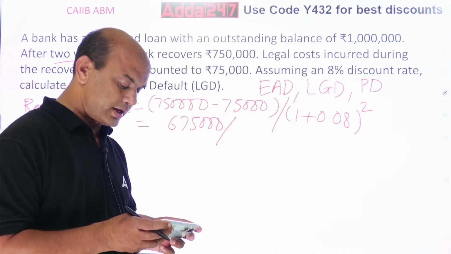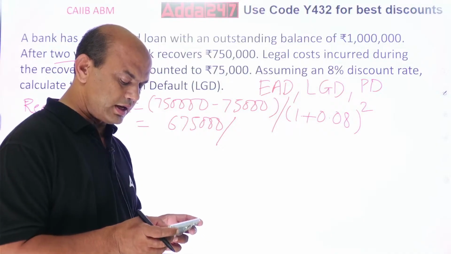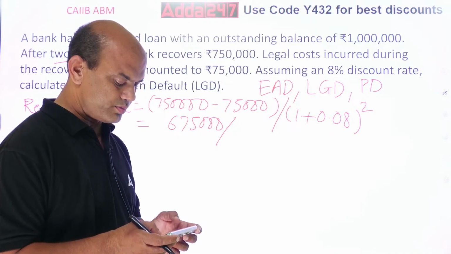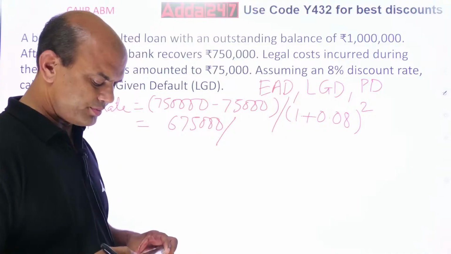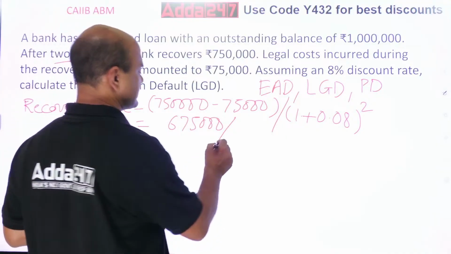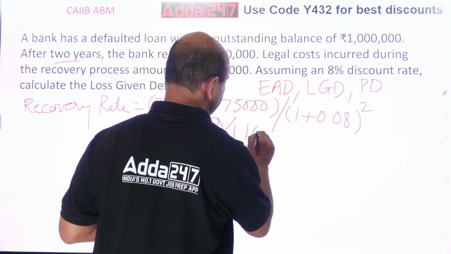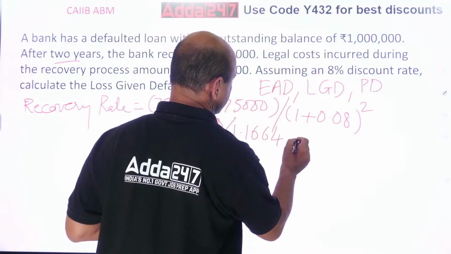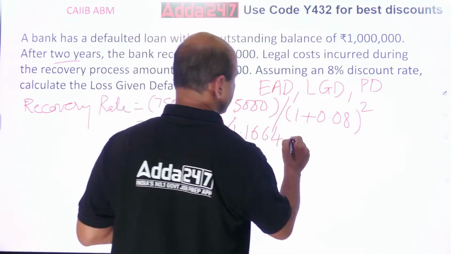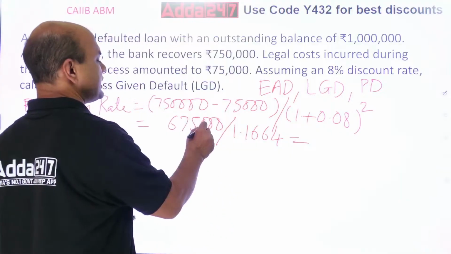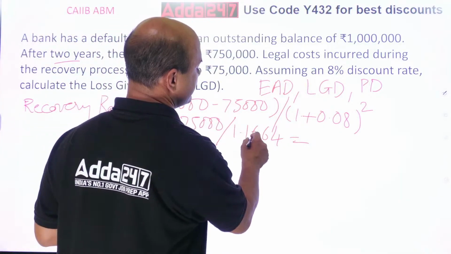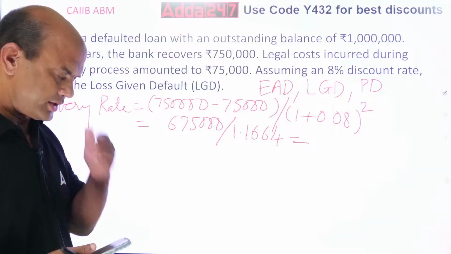I did 1.8. 1.08 raised to 2. So 1.1664. Now get the answer for this. What is the answer for this? 6,75,000 upon 1.1664. Do it.